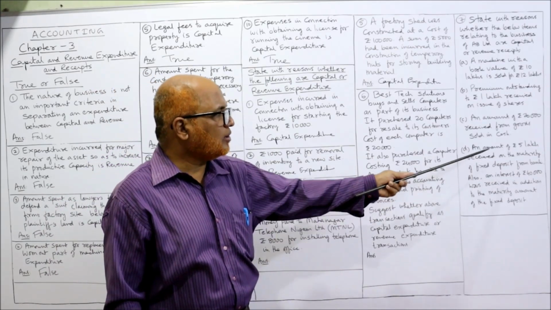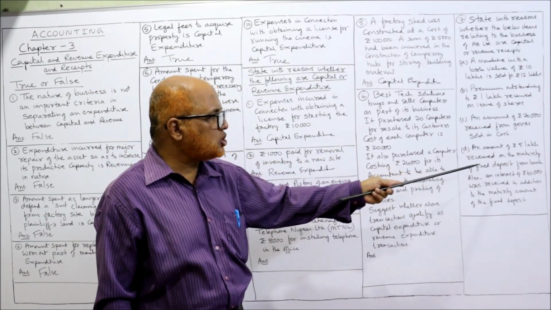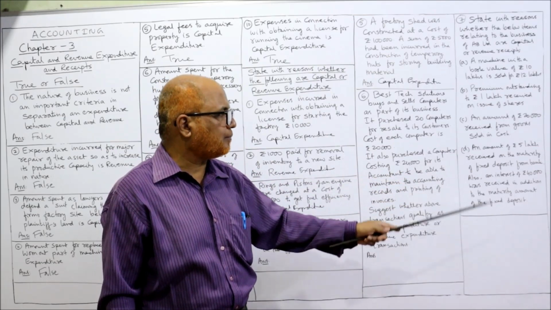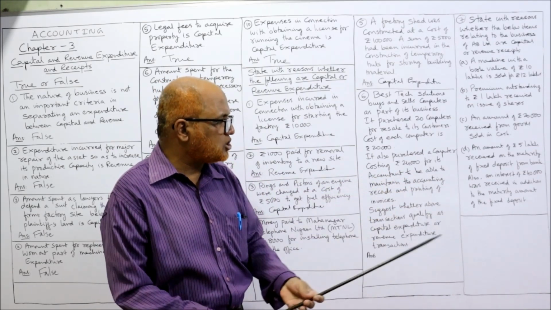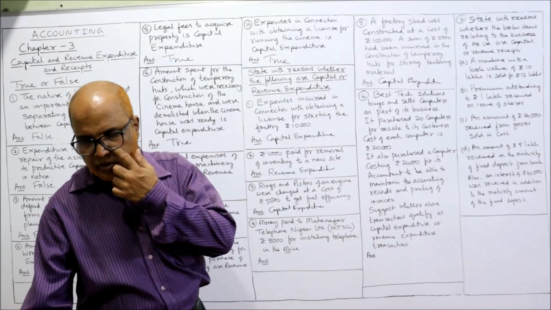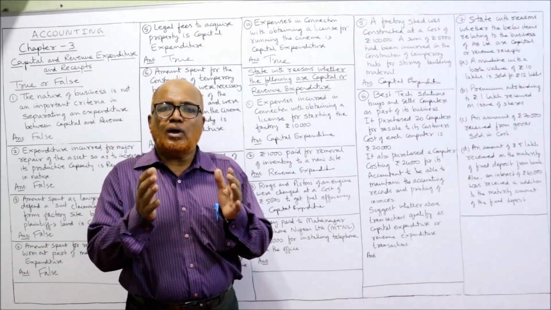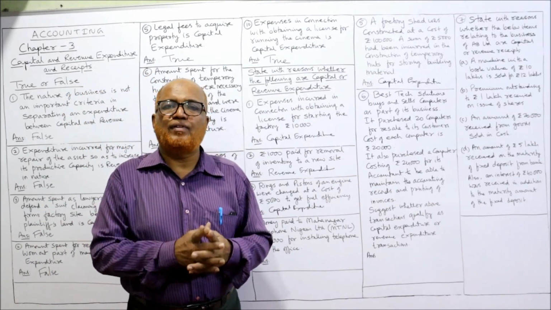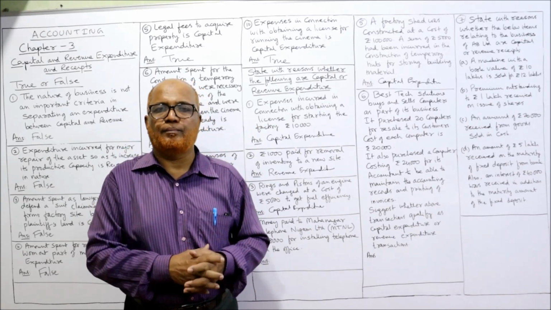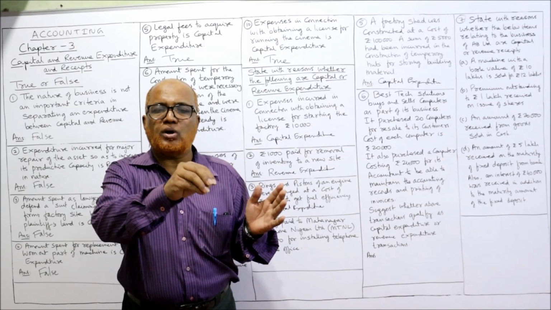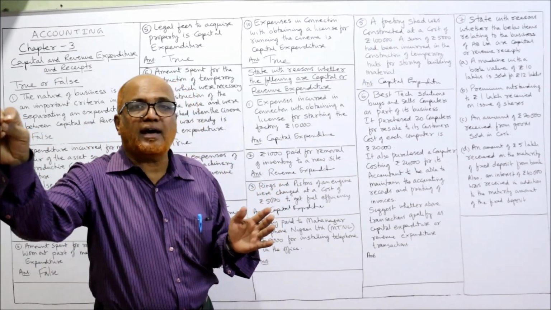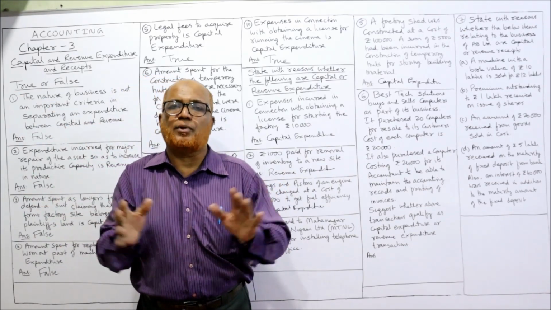Last one. An amount of rupees 5 lakh received on the maturity of a fixed deposit from the bank. Also, an interest of 40,000 was received in addition to the maturity amount of the fixed deposit. So, a business has received the fixed deposit on maturity. In earlier years, the business deposited some 5 lakh rupees in the bank as a fixed deposit.